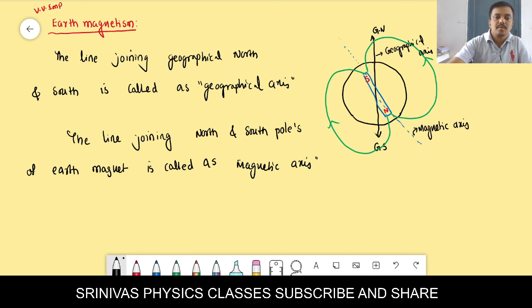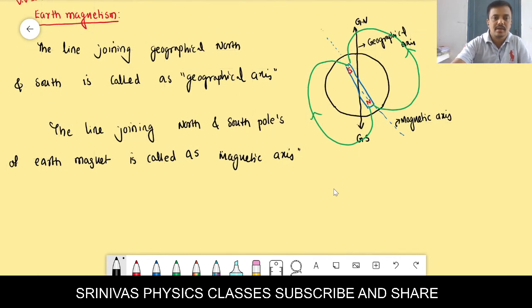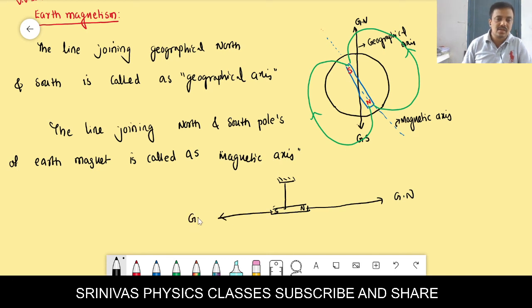Now, if we suspend any magnet on the earth surface like this, for example, this is a magnet. If you suspend one magnet from a rigid support by using a string, the north pole of the magnet is aligned in the direction of the geographical north, and the south pole will show geographical south.